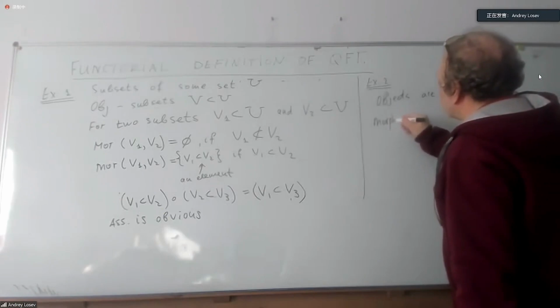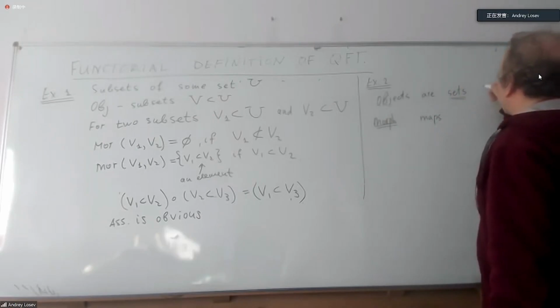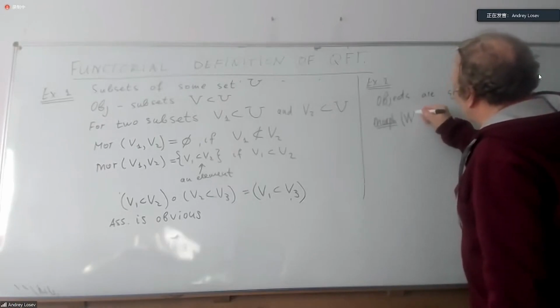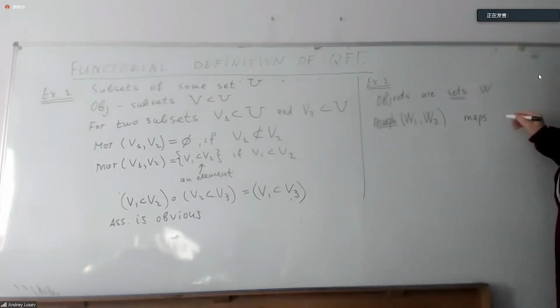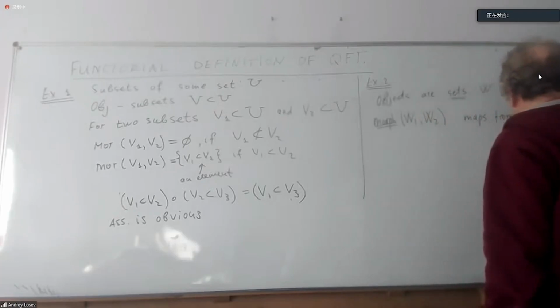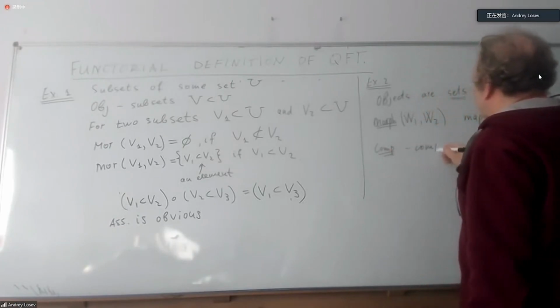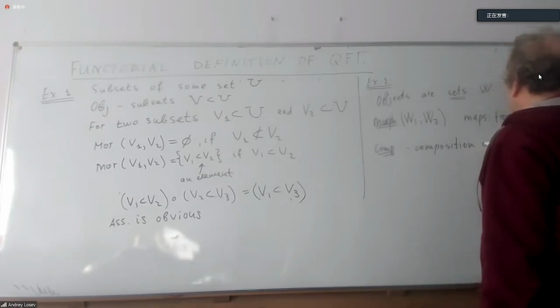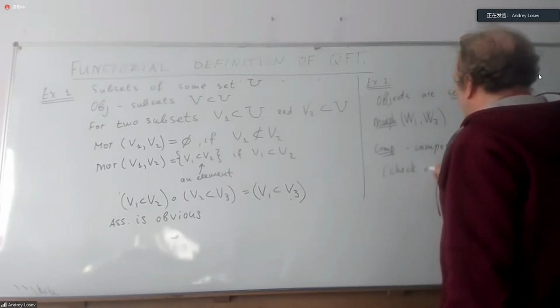Morphisms are maps. For sets W1 and W2, the morphisms are maps from W1 to W2. Composition is composition of maps. Okay, one can check associativity.